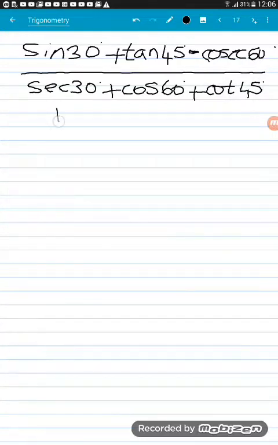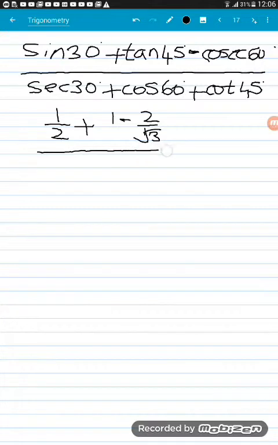Now sin 30, as we know, is 1 by 2, plus 1 minus 2 by root 3. This one you have to refer to the table given in 8.1, the trigonometric ratios, and you have to understand the trick for finding those things, or you have to learn them by heart.